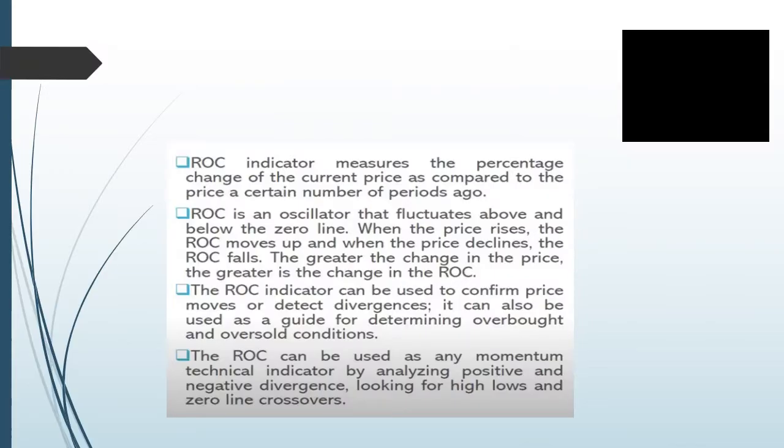Okay, so the ROC indicator measures the percentage change of the current price as compared to the price a certain number of periods ago. ROC is an oscillator that fluctuates above and below the zero line.